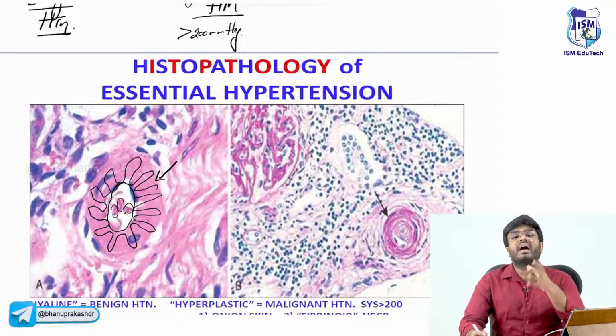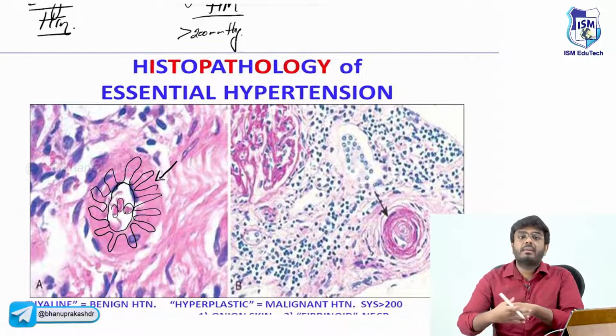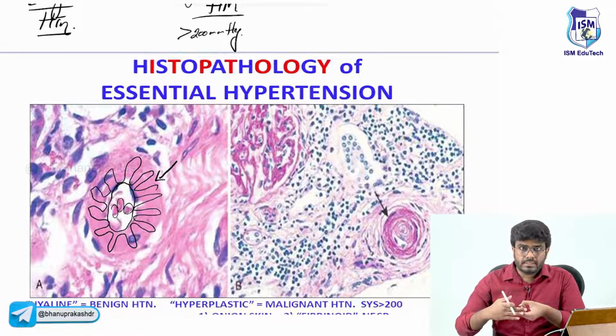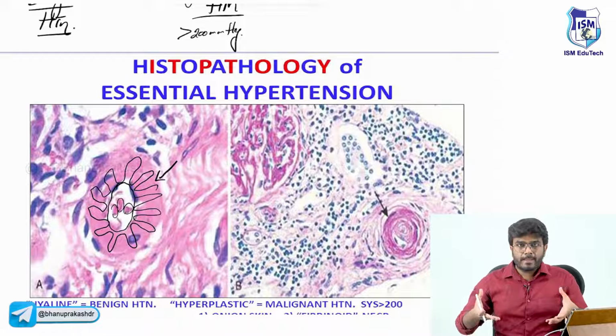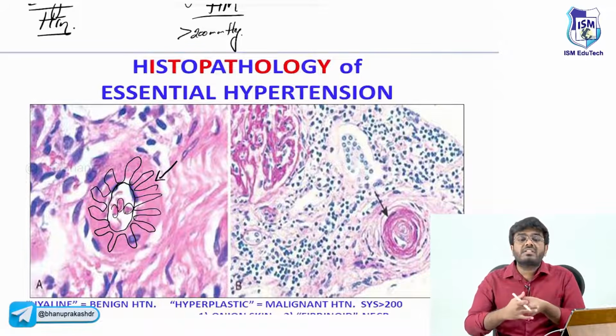Because of the hypertension, the blood vessels are getting hardened. They are getting resistant to encounter this hypertension, meaning more blood pressure. Some amount of blood vessel injury will happen.